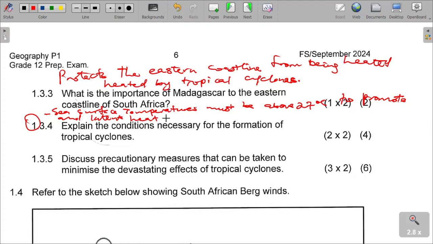The latent heat of vaporization, it must be there. And then we need to have also Coriolis force as number 2.